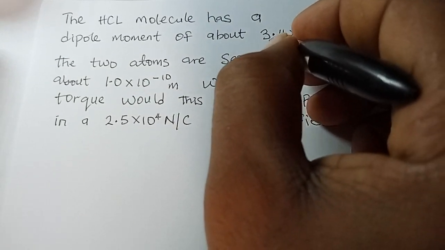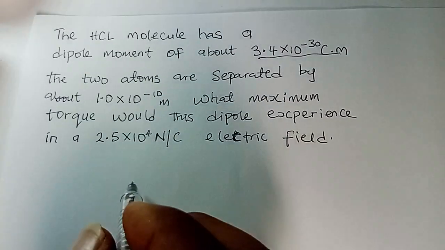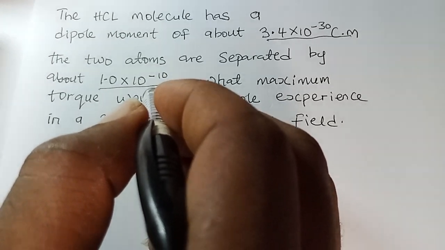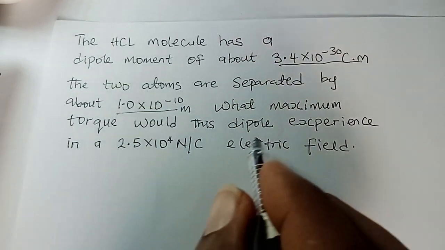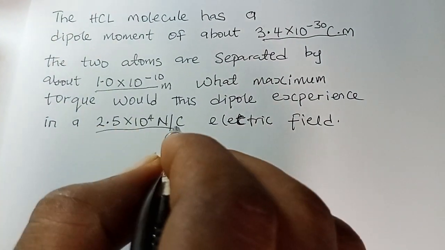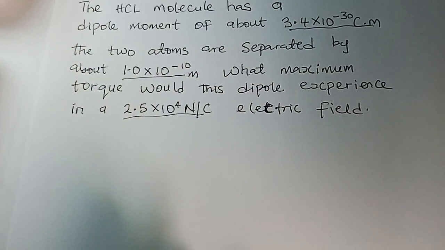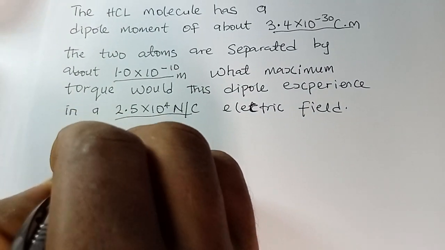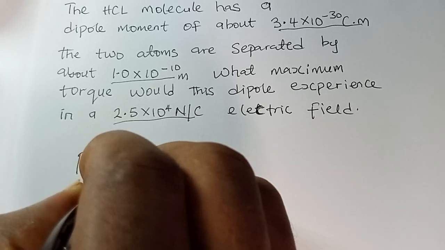We need to take note of these points. They gave us the dipole moment, they gave us the distance between the two atoms, and they're asking for the maximum torque.